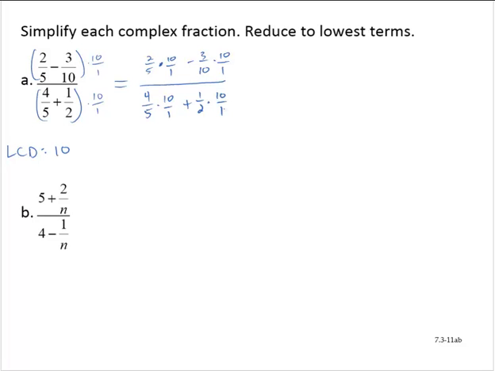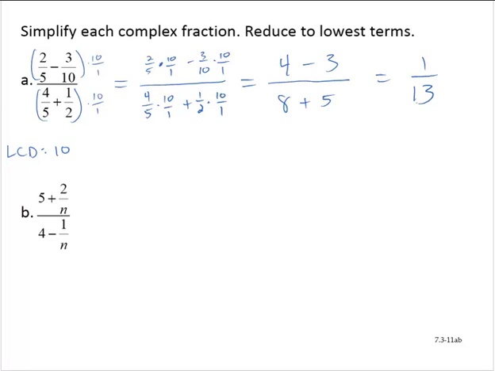Now, going through all the multiplications here and reducing all the fractions, 2/5 times 10 is 4, minus 3/10 times 10 is 3. Denominator, 4/5 times 10 is 8, plus half of 10 is 5. And so we get 1/13.